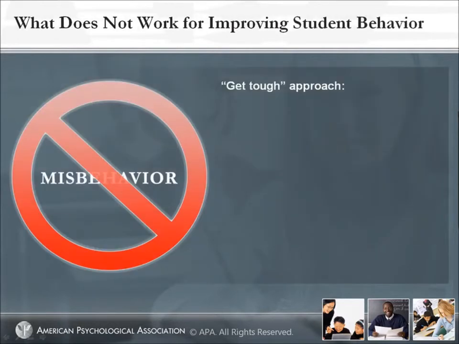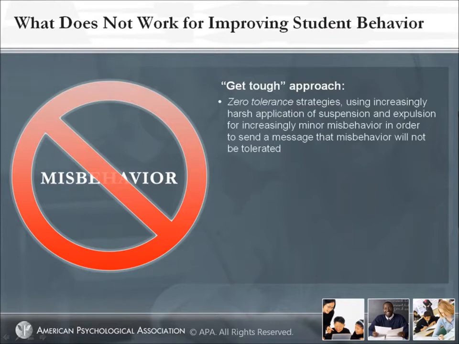Another unsuccessful approach stems from the belief that student behavior can be controlled at the classroom or school level solely by getting tough. Many schools and school districts in the past 10 to 15 years have adopted zero-tolerance strategies, using increasingly harsh consequences like suspension and expulsion for increasingly minor misbehavior in order to send a message that misbehavior of any kind will not be tolerated.